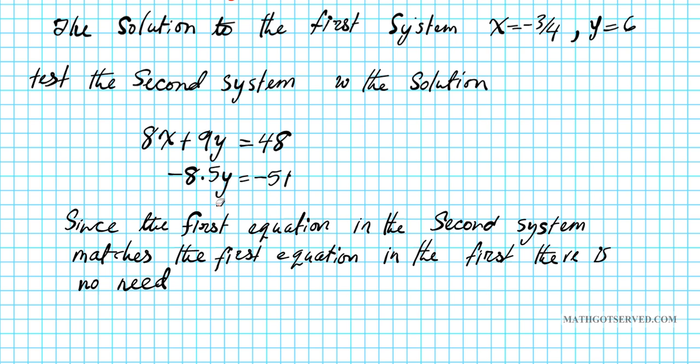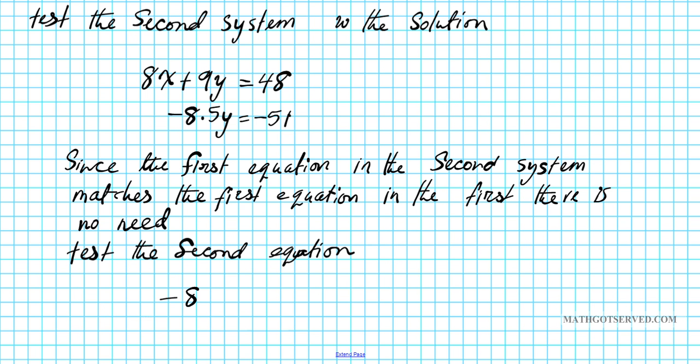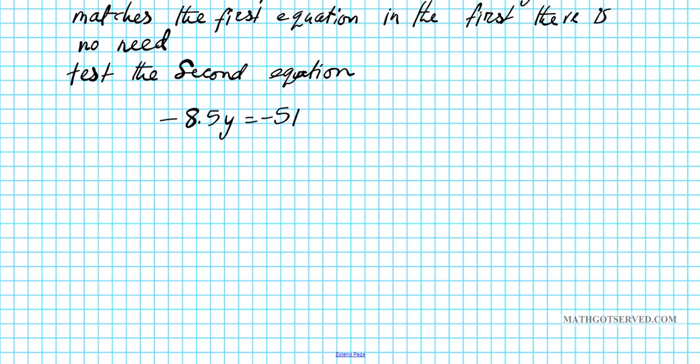Does it hold true for the second equation? All right, so we want to test the second equation. The second equation is negative 8.5y equals negative 51. So how do we test this? We'll plug in the value of y into this equation and see if we have a true or false statement.